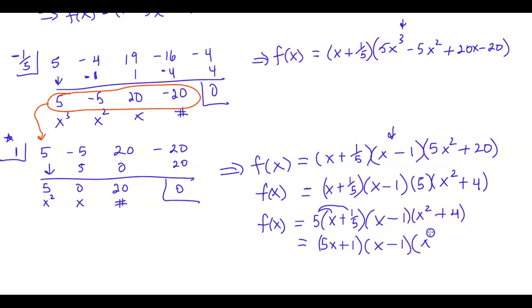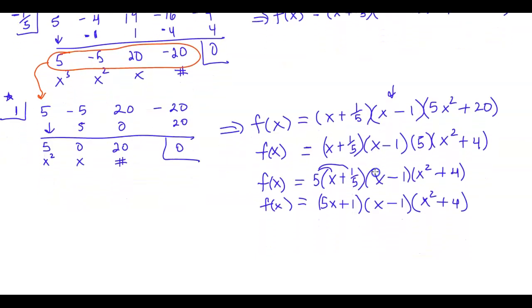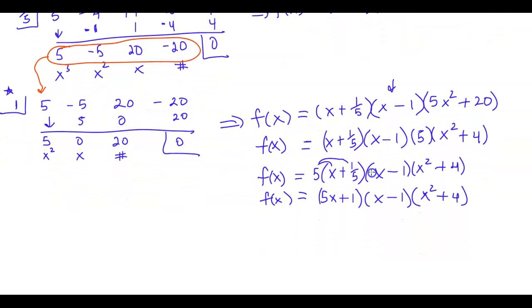And then for here, I would have to figure out, well, what are going to be my 2 zeros that go along with x squared plus 4. Now, depending upon what you remember, you'll see that this is relatively easy to figure out.